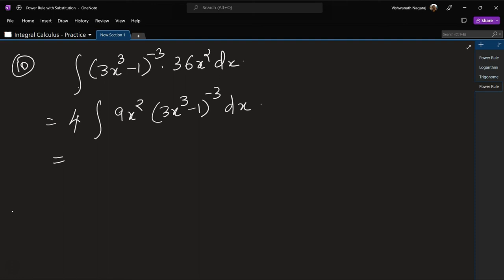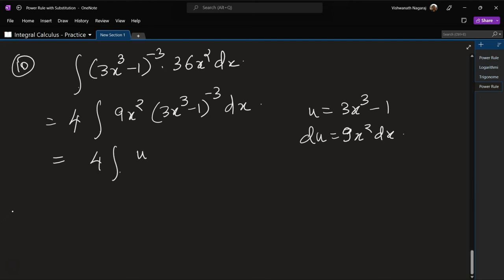So if we say u is equal to 3x cube, no, not plus, minus 1, then du is going to be 9x square dx. Okay, since I've already done it. So this becomes u to the power of minus 3 du, which gives us 4 u to the power of minus 2 by minus 2.